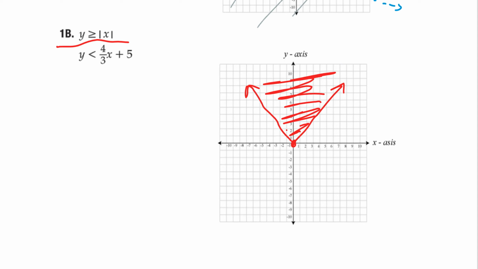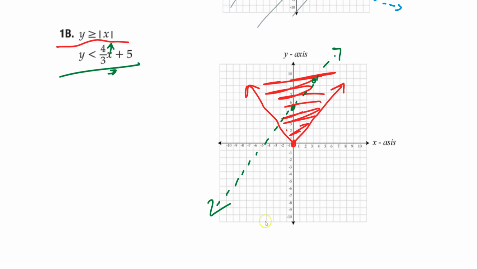Now the next graph, this one's another line, so I'm going to go plus 5. Slope is 4/3, so up 4, right 3. Positive. So up 4, right 3. Dotted line, dashed line. Like that, and then less than, so shade below.